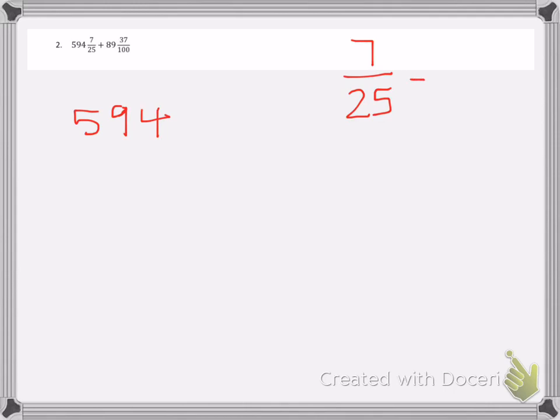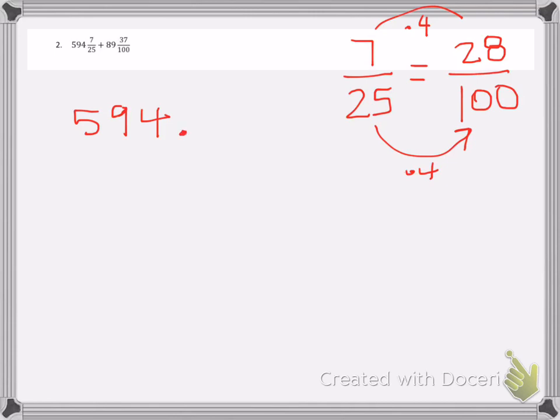So I can change this into hundredths pretty easily by multiplying by 4. If I multiply by 4 on my denominator, I have to multiply by 4 in my numerator. And so 28 hundredths is the equivalent fraction. So I know that's 0.28.